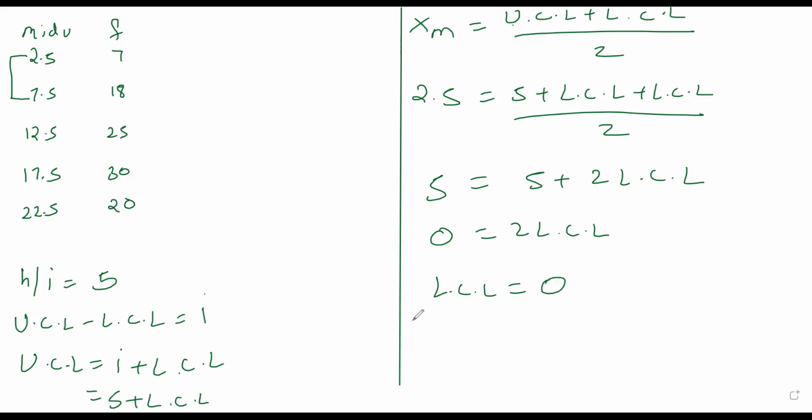If lower class limit is 0, then upper class limit will become 5. So my classes will be 0 to 5. Then I'll take continuous classes. This will be 5 to 10, 10 to 15, 15 to 20, 20 to 25. These are your classes. And this is the frequency.